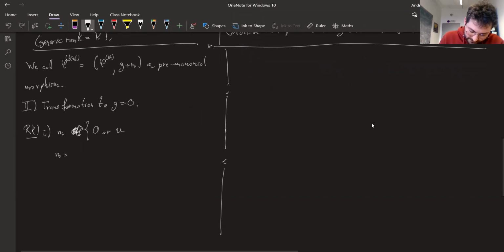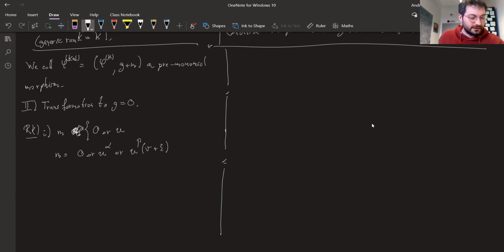M is equal to either 0, or u to some power alpha, or some u to the power beta times v plus phi. It's one of these forms, that we can assume.